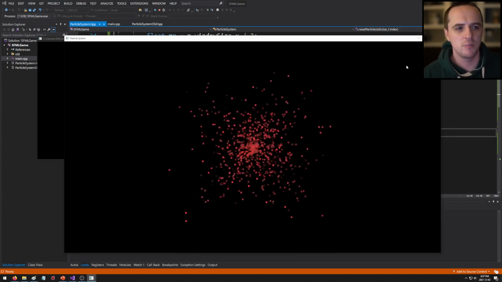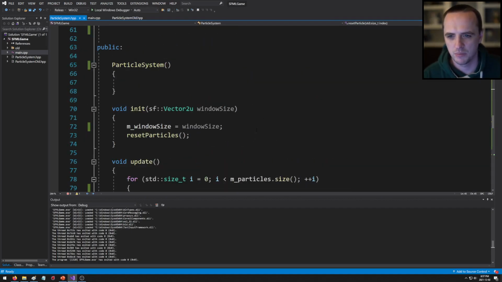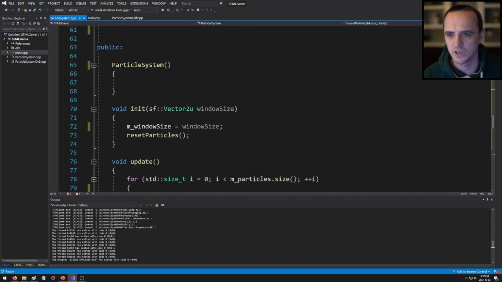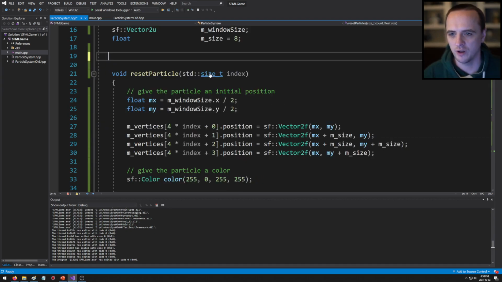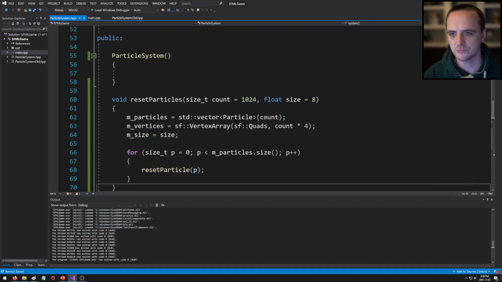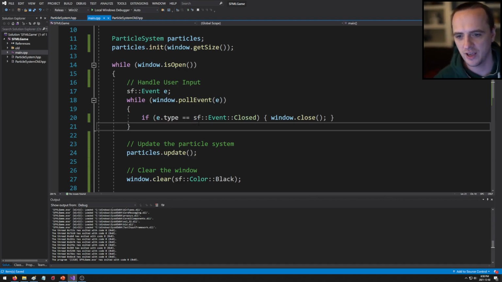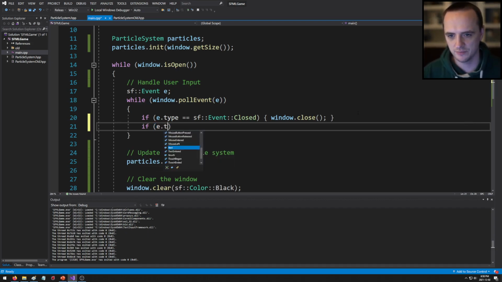Okay. But let me put something in here. I want to be able to reset my particles whenever I want. So I'm going to make this a public function. And I'm going to go in here and say, if I press any key, oops.